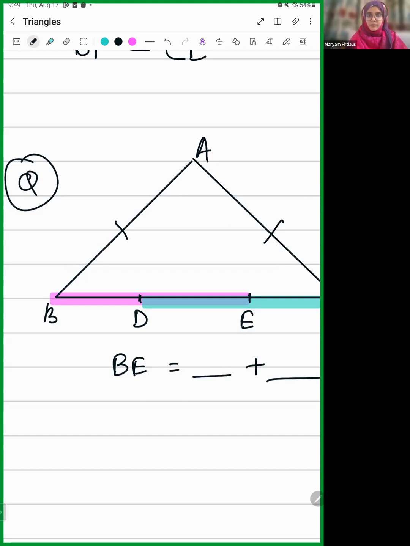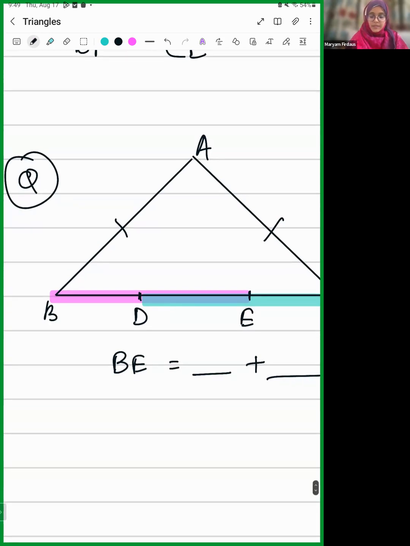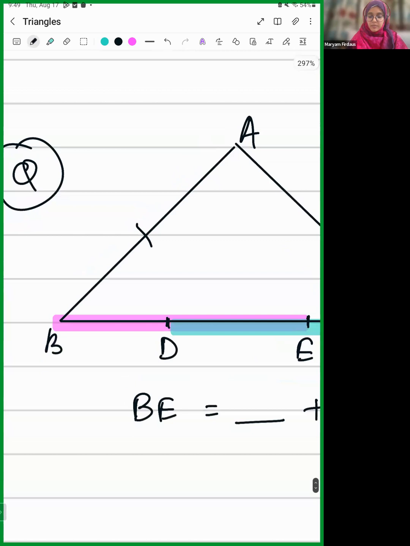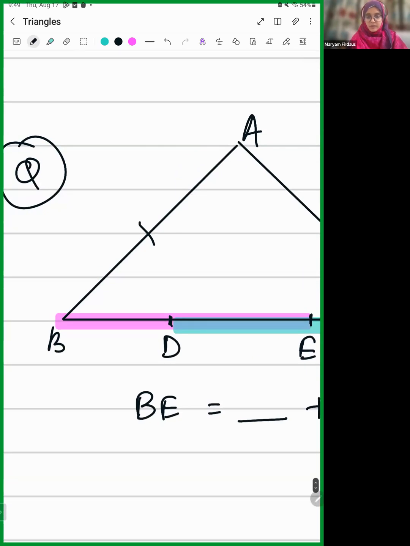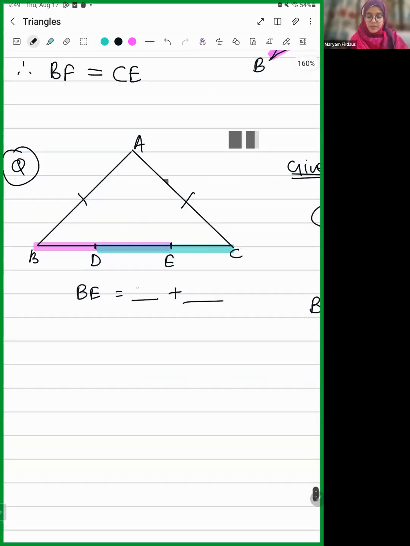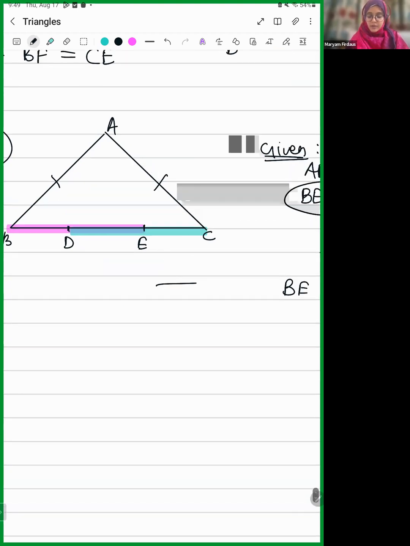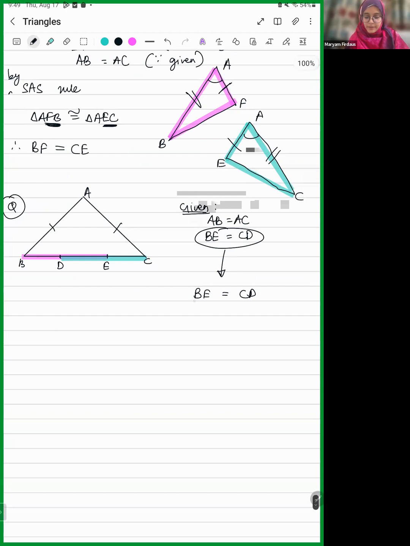BD plus DE. Yes. So BE can be written as BD plus DE. It's equal to, now what is CD?